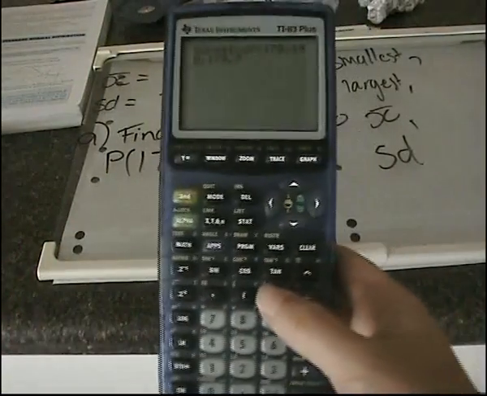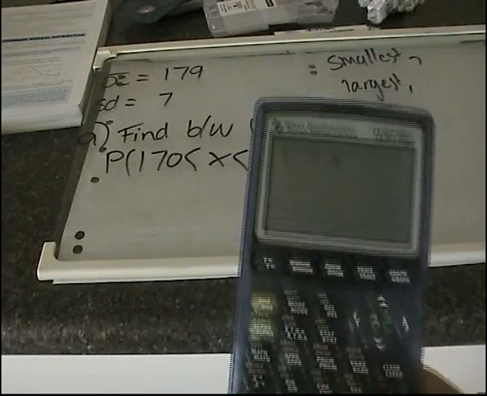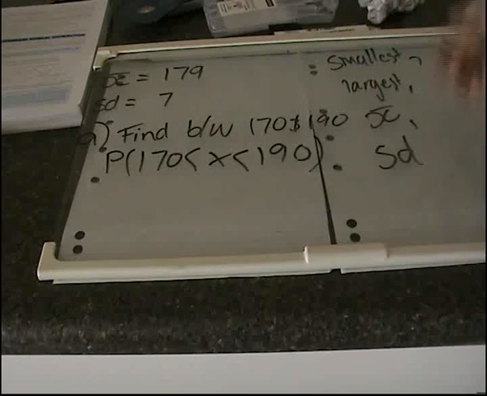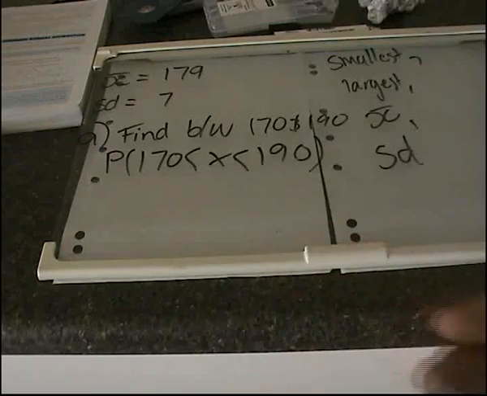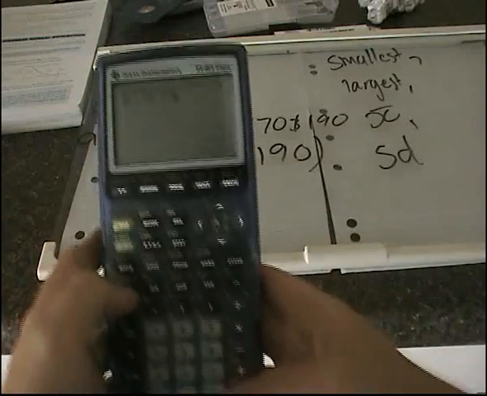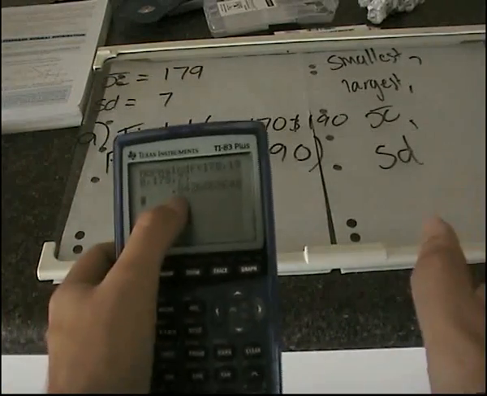Now I know some of you may have different calculators. I'm not exactly sure how it looks, but I'm assuming it probably comes up with your lower X, your higher X, your mean and your standard deviation. Hopefully you can work it out, but it should be in the same spot in your calculator. Close bracket and then enter. That's the probability that is between those 2 numbers.